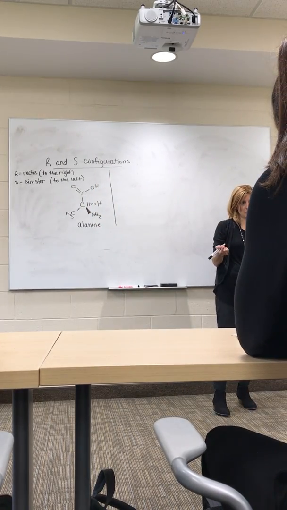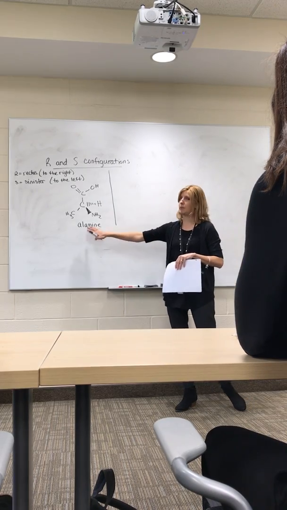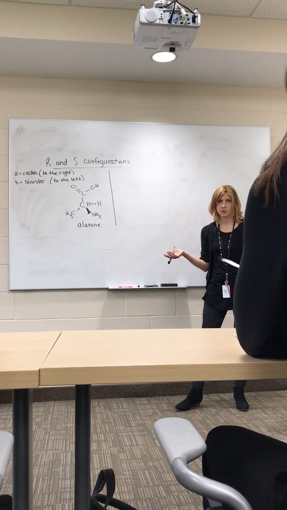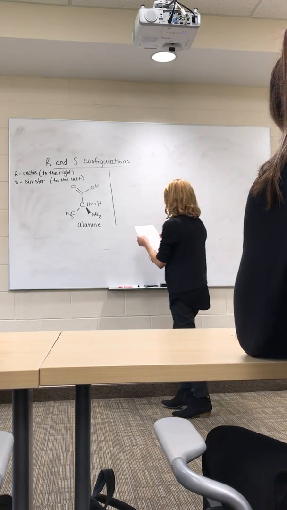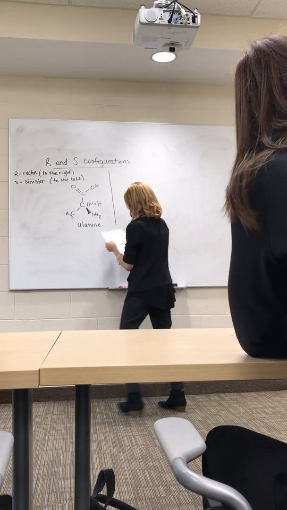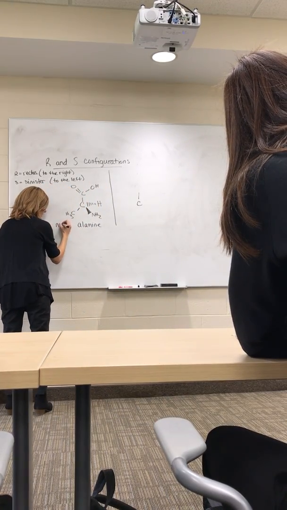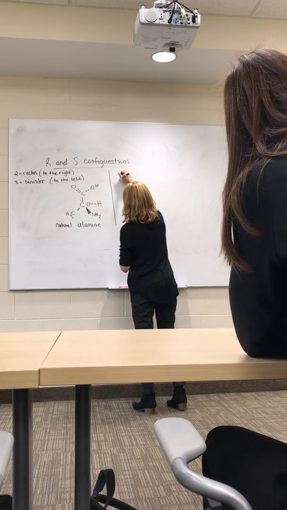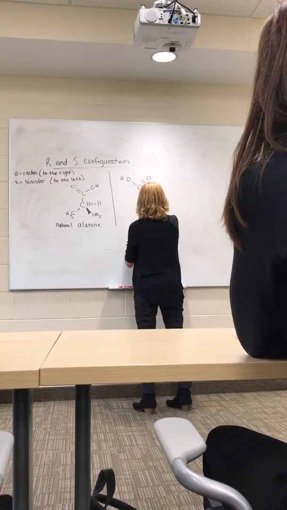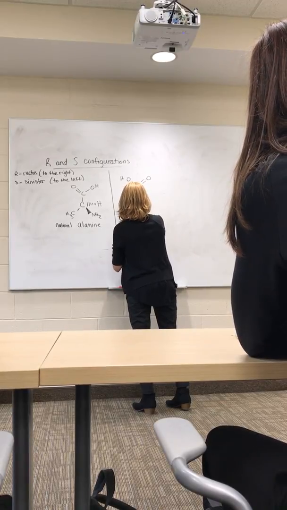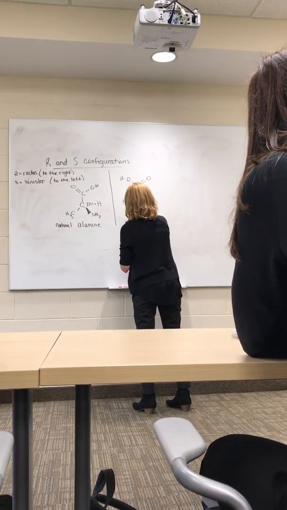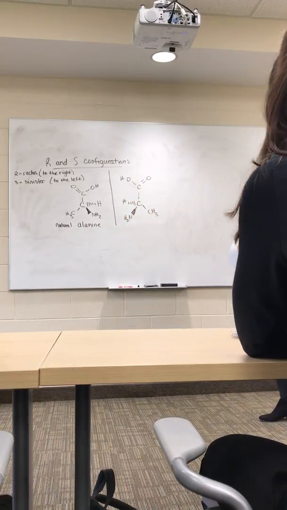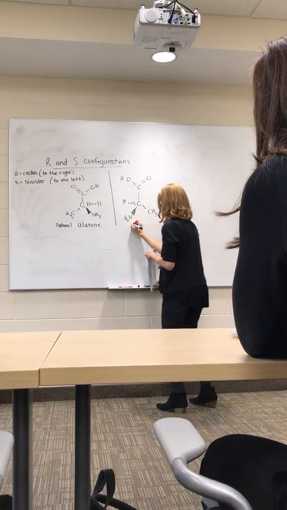The natural configuration is biologically active, but the other one is not. So you need to know which one is which, right? We need to have a name for it. So we'll put down here, this is your natural. Over here, your mirror image. Notice your mirror image, this would be your unnatural.